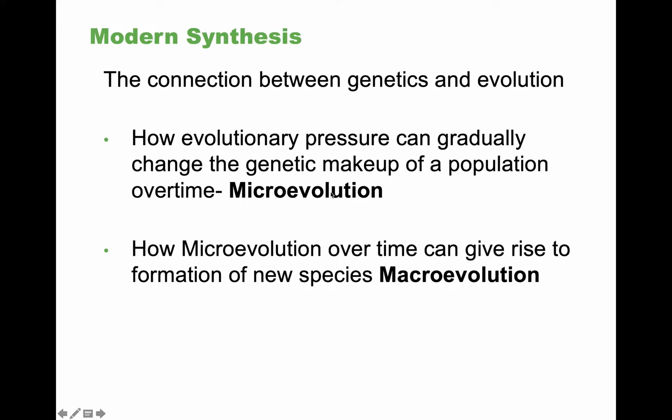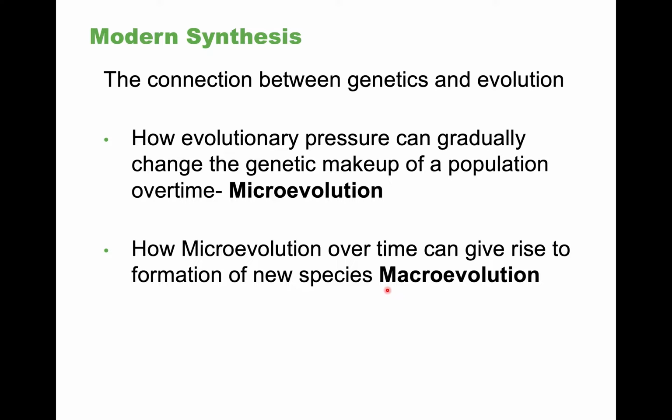And the modern synthesis looks at evolution at two different levels. At a micro level, it talks about evolution within a population, so how evolutionary pressure can gradually change the genetic makeup of a population. We call this microevolution. So microevolution looks at one population at a time.